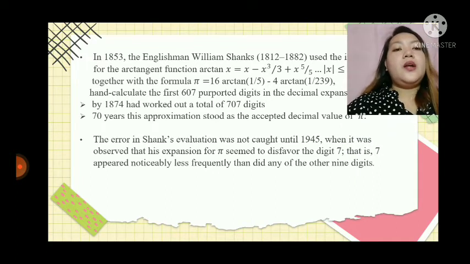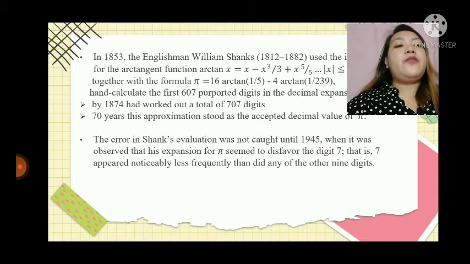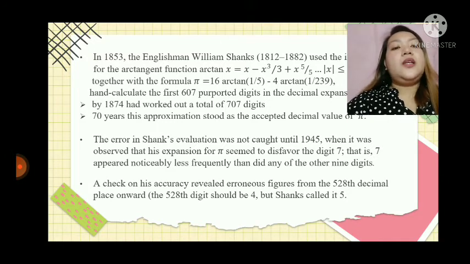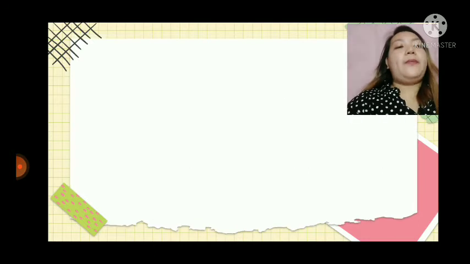The error in Shanks's evaluation was not caught until 1945, when it was observed that his expansion of pi seemed to disfavor the digit 7. This 7 appeared noticeably less frequently than any of the other 9 digits. A check on his accuracy revealed erroneous figures from the 528th decimal place onward. The 528th digit should be 4, but Shanks called it 5.